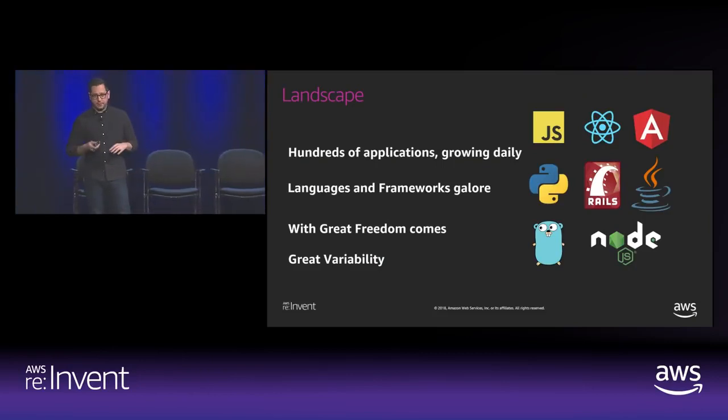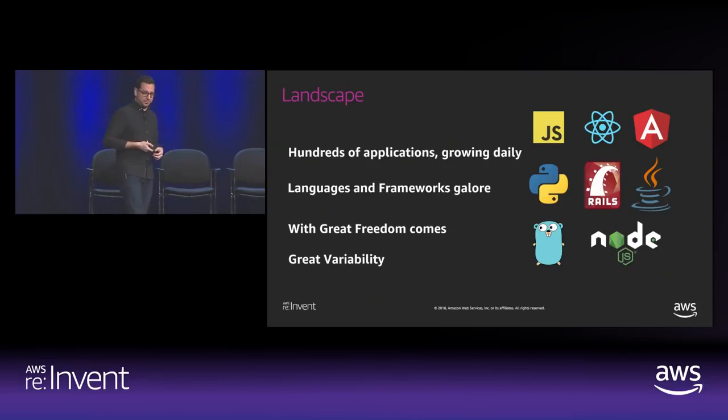And we apply it everywhere, including application developers and how they develop and what they develop with. So they have that freedom to choose their technologies. However, with that freedom comes great variability. We have many languages, many frameworks, and all of them need to interoperate in a standard way with our platform.